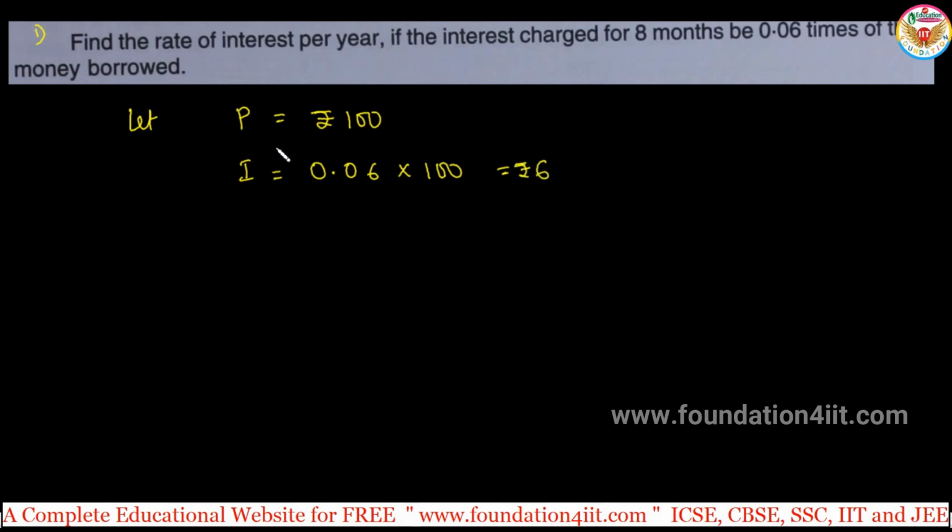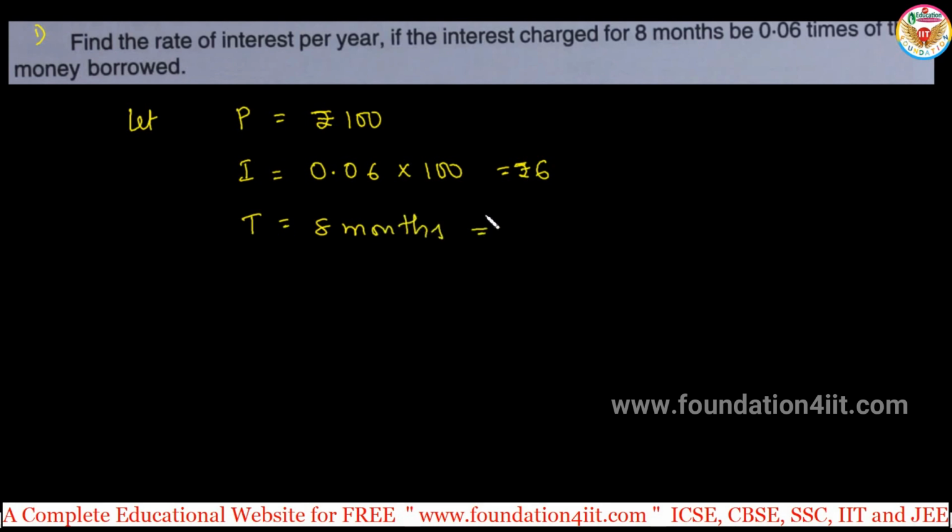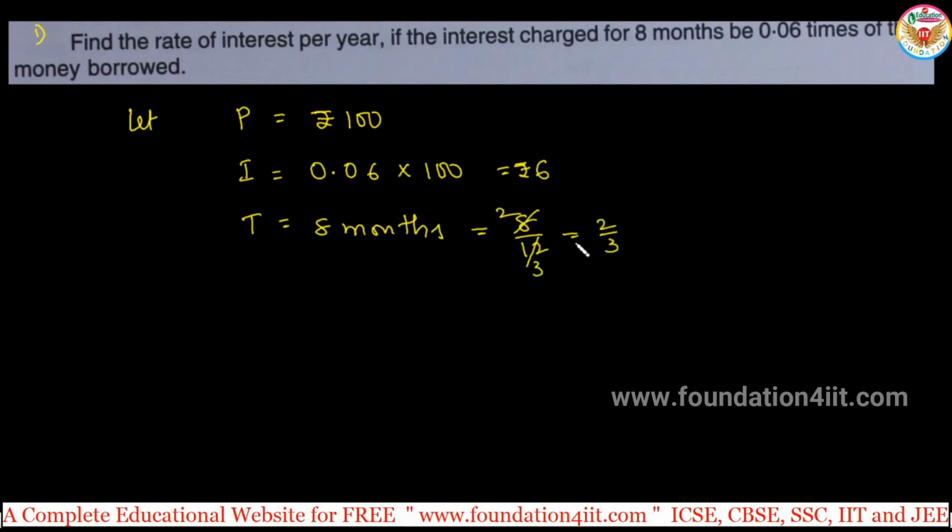Next, 8 months, time is given here. So time is equal to 8 months. Always time should be in years. That is 8 by 12 in years, that is 2 by 3. 4 2s are 4 3s. 2 by 3 years. Right, we got the time. Next, the rate of interest you have to find out.